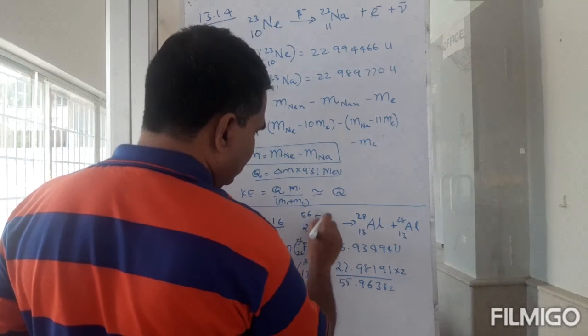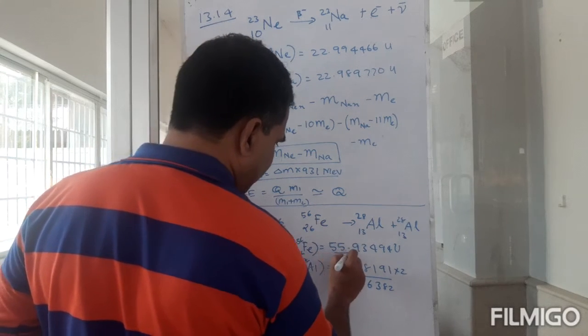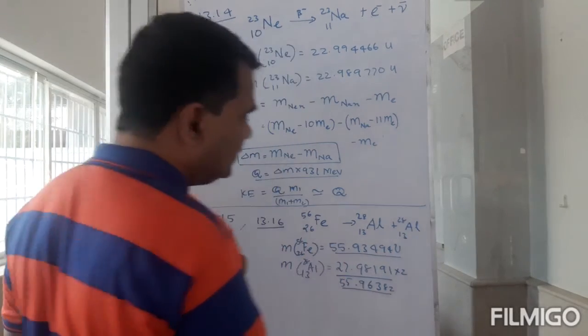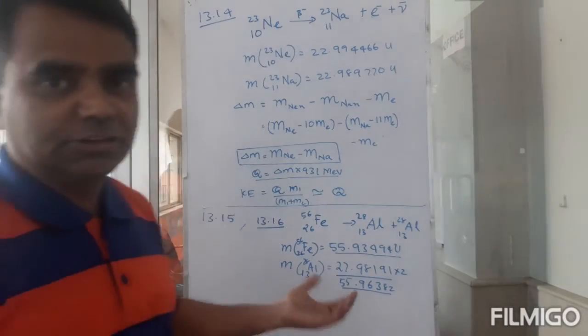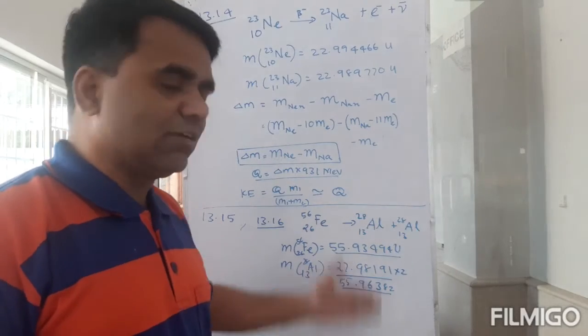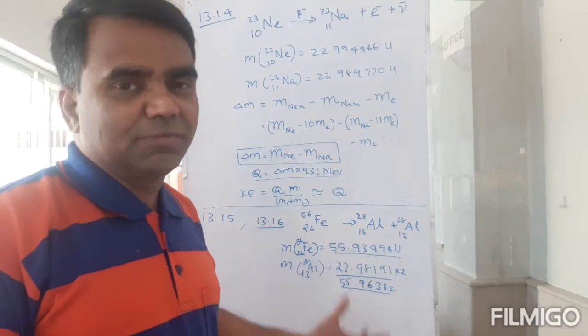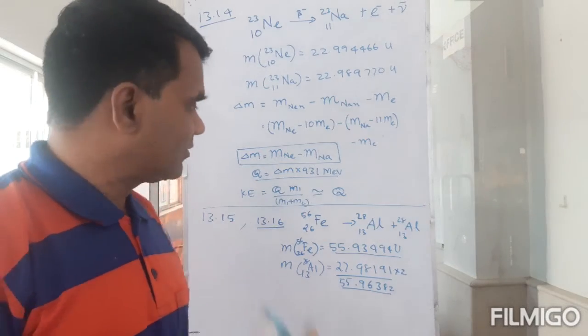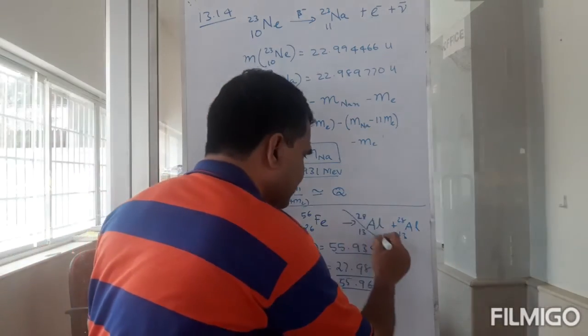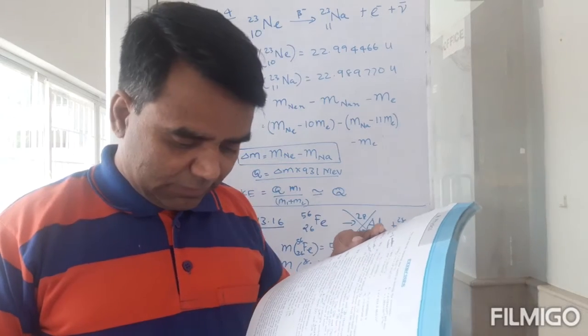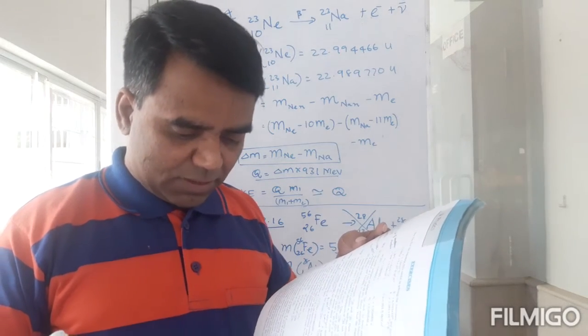So this mass, the parent mass, is less than the sum of the daughters. So this cannot happen spontaneously. This won't happen spontaneously, so this cannot happen. So that's the idea. That is 13.16.